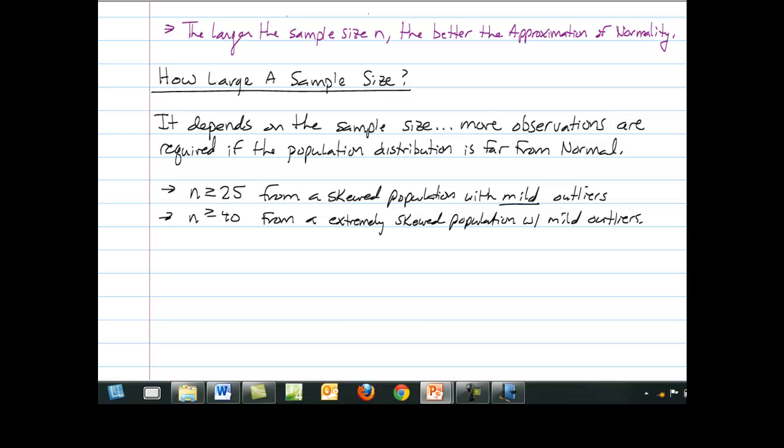Everything we've talked about so far has been related to the distribution of the sample mean. Next we want to talk about the distribution of p hat, the sample proportion. p hat is distributed approximately normal with a mean equal to p. The standard deviation is the square root of p times 1 minus p over n, sometimes written as pq over n, all square rooted.